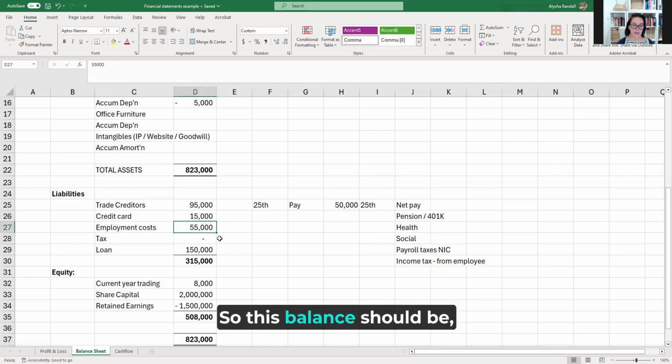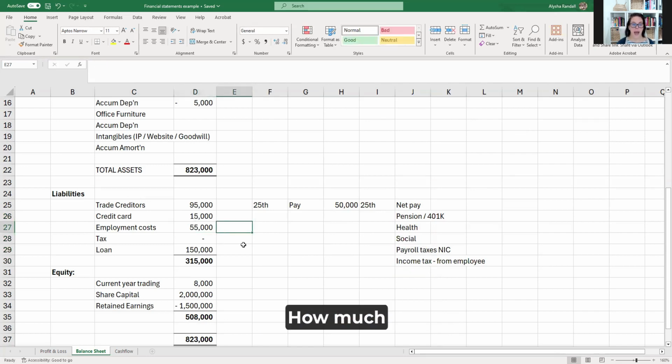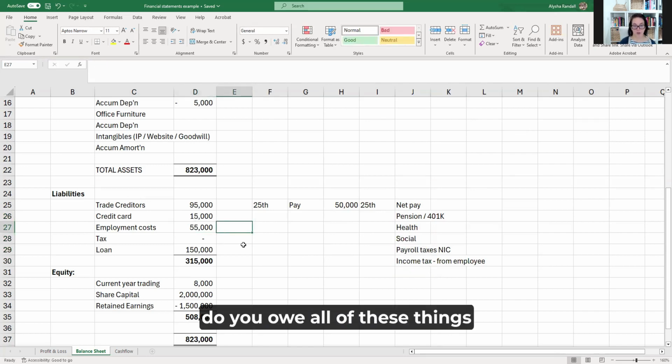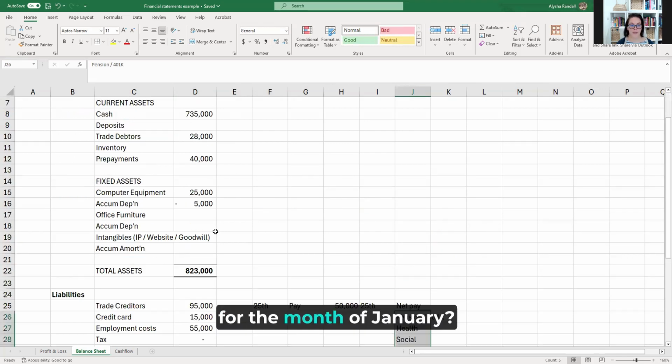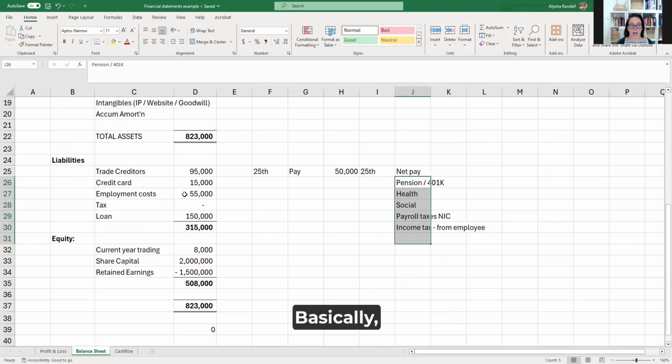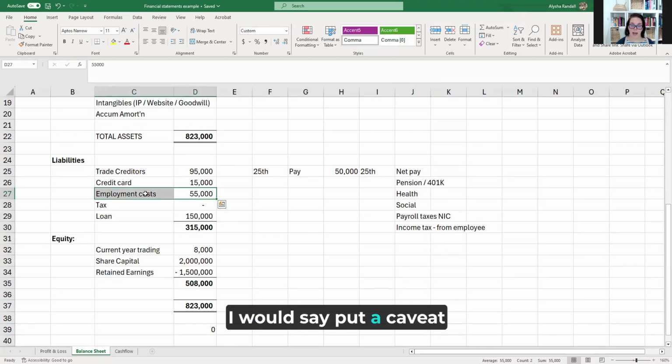So this balance should be how much you owe for all of these things from the month, say for this one, for the month of January, basically. I would say, put a caveat, in general, except for things when you're advancing employees, in general, this balance should only be for the current month.